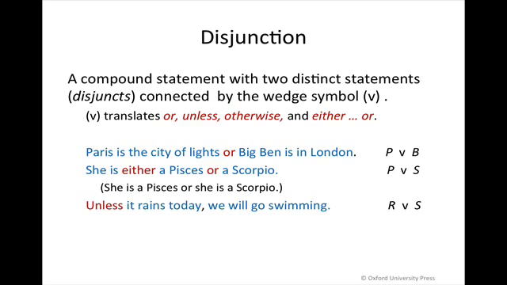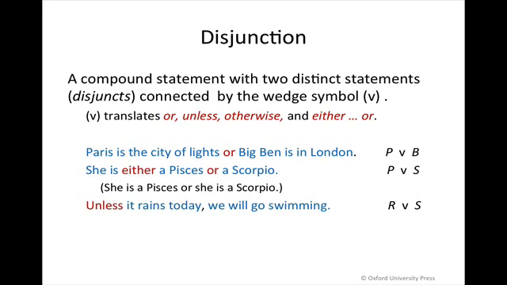The disjunction expresses, as we saw before, the or, unless, otherwise, either or. And like the conjunction, the disjunction is placed in between the sentences that it brings together. So Paris is the city of lights, or Big Ben is in London. She is either a Pisces or a Scorpio.